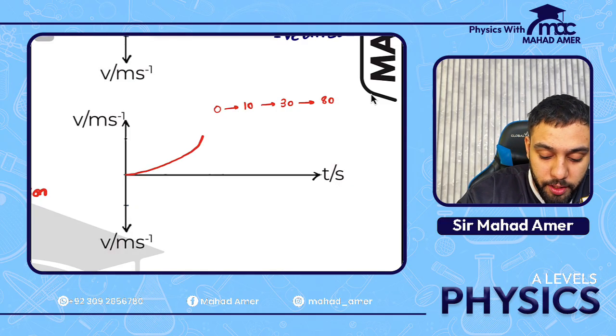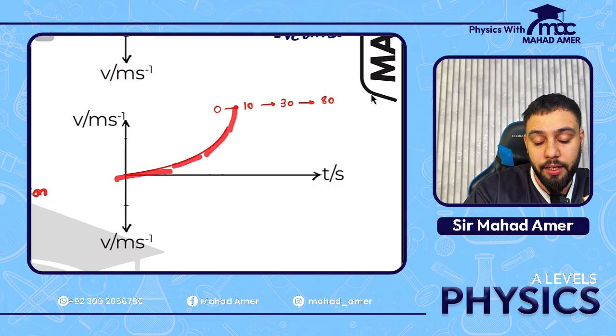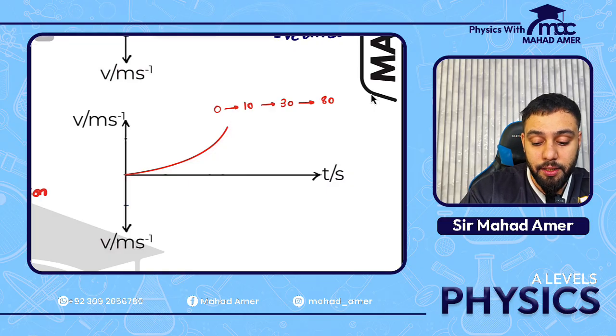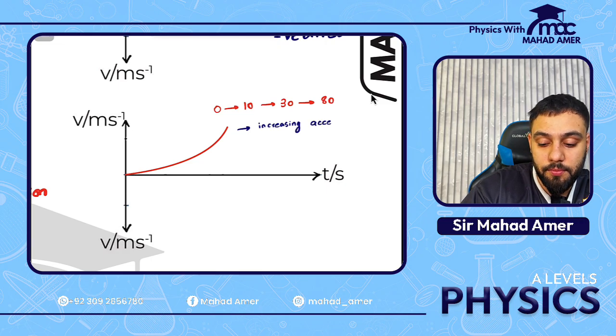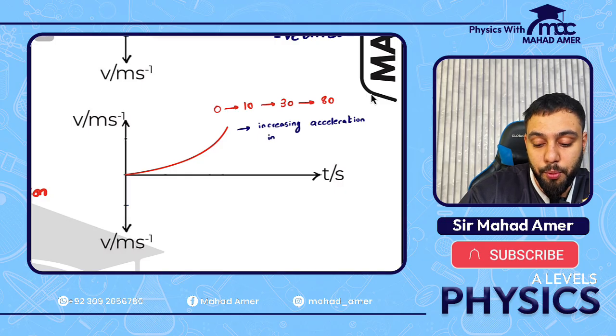So the graph of increasing acceleration somewhat goes like this. The gradient of a velocity time graph gives us acceleration and the gradient increases. So this is basically the graph of increasing acceleration in positive direction.